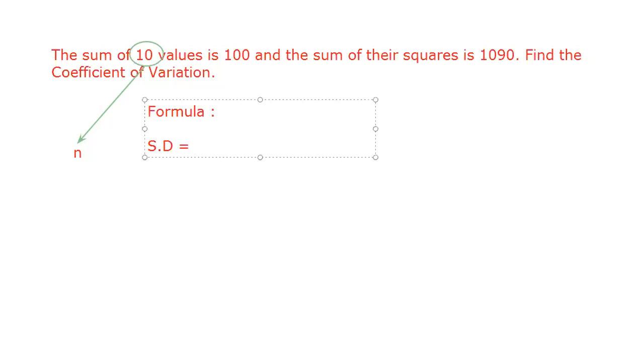Sigma, the square root of summation x square divided by n, minus, wait a second, so we need to go for the square, sigma x square by n minus sigma x by n the whole square. Whole square, right? Yes.